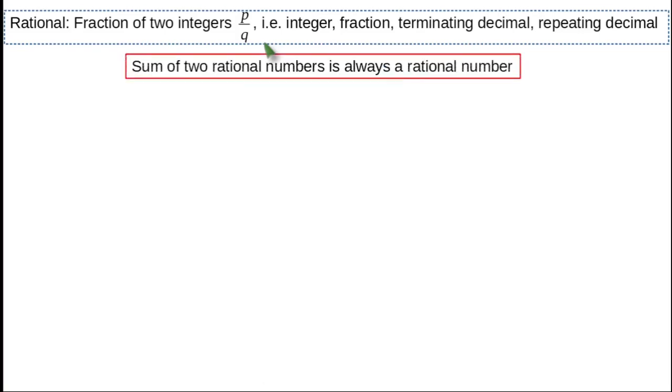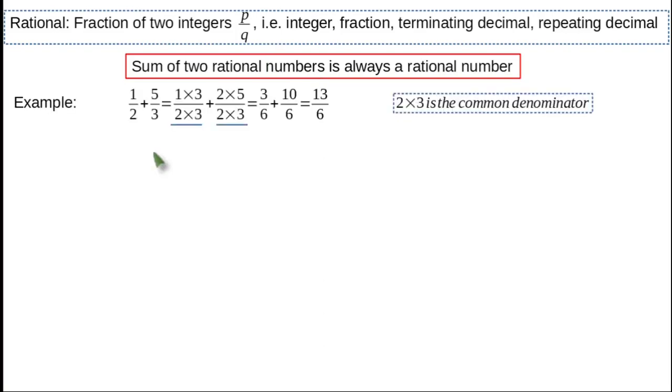The first question we want to answer is whether the sum of two rational numbers is always a rational number. Let's see an example. I have two rational numbers, 1/2 and 5/3. I add them together. Because they have different denominators, first I need to form a common denominator, which is 2 times 3.